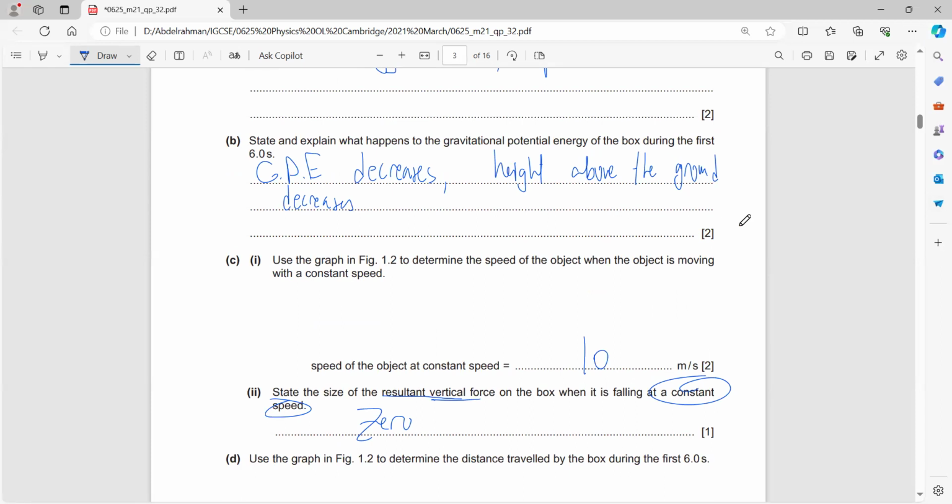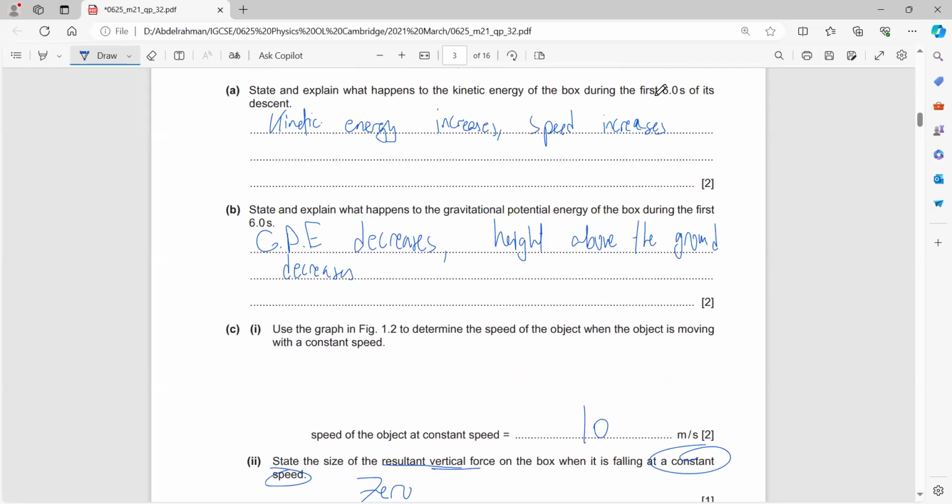Sir, I have a question. Gravitational potential energy decreases, but shouldn't the height above the ground increase? The gravitational potential energy increases when the height increases. But now the box is falling downwards. As the box falls downwards, the height between the box and the ground is decreasing. It's getting closer to the ground.